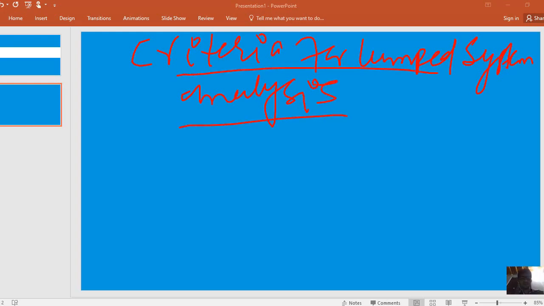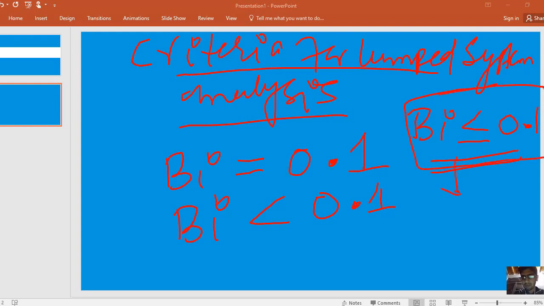Usually the criteria for lump system analysis is that a system will be considered a lump system if the Biot number is equal to 0.1 or if the Biot number is less than 0.1. So if a system has a Biot number less than or equal to 0.1, then the system will be a lump system.